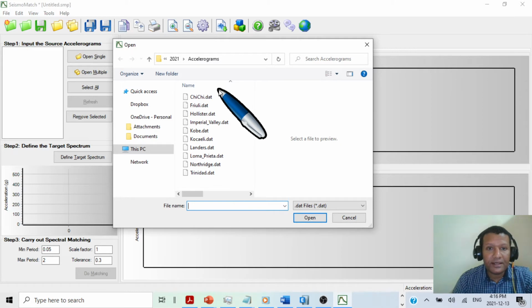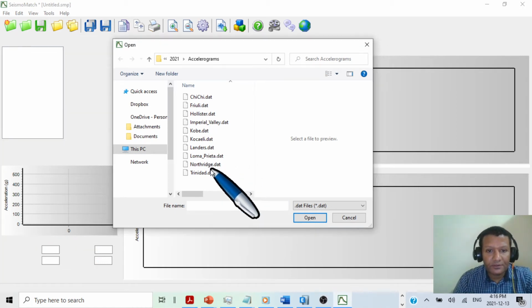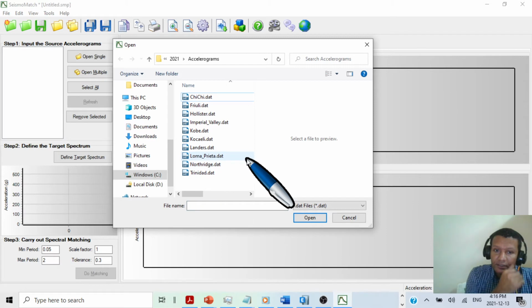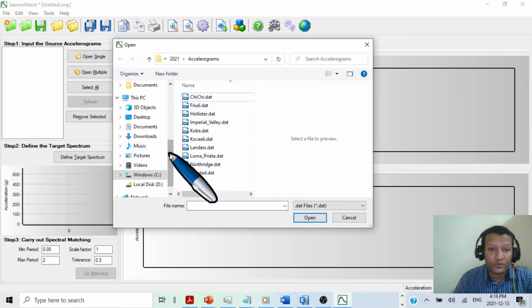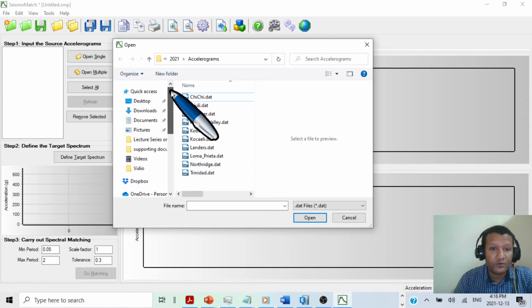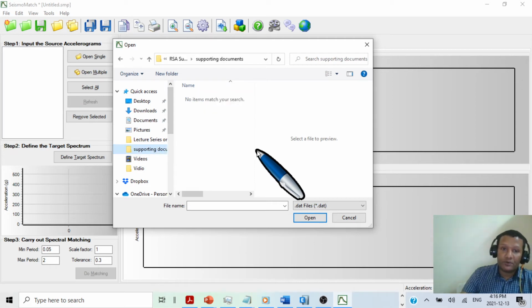By default they have their own records also: Chi-Chi, Kobe, Loma Prieta, Northridge, everything is there. This comes by default from the software. You can use this also if it is okay for you, but for us, we already downloaded from the PEER website.